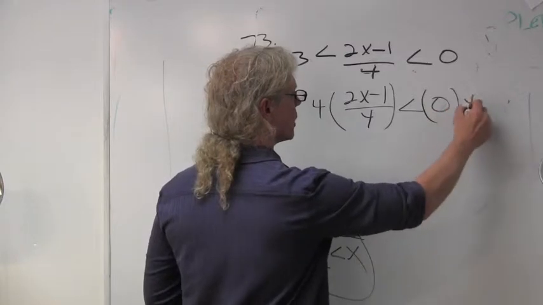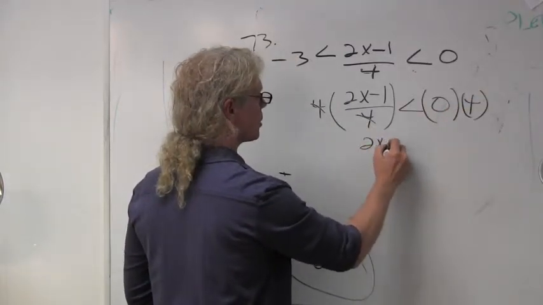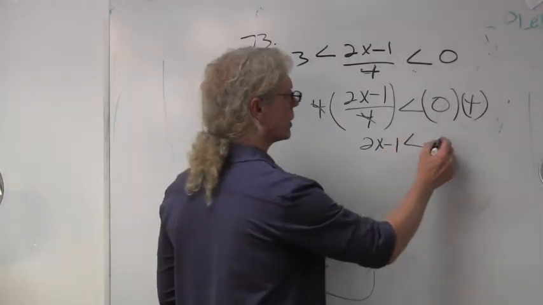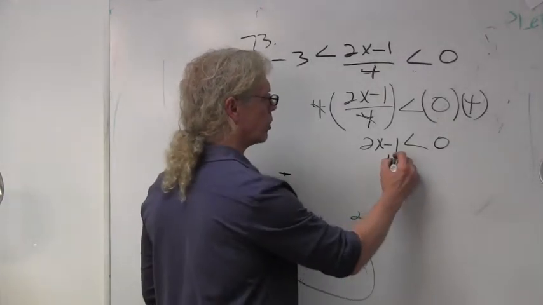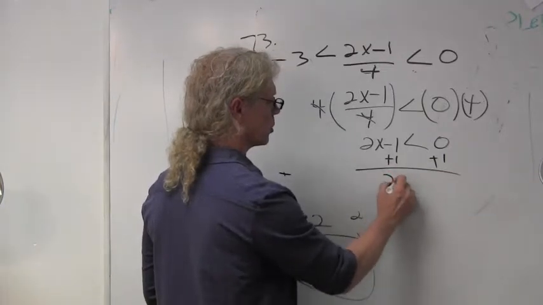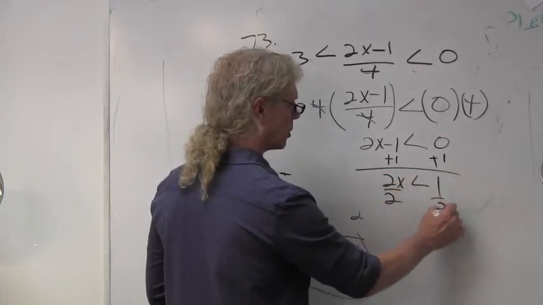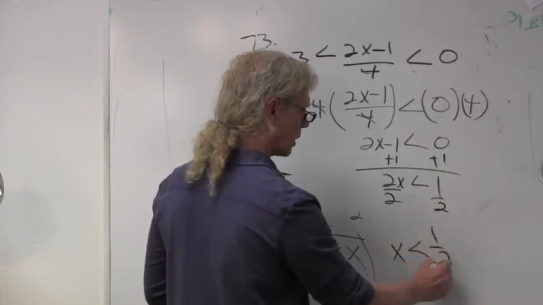That ought to be a tough one, huh? 4's cancel, leaving us with 2x minus 1. 0 times 4, please tell me that you know it is 0. We will add 1 to both sides of the equation, leaving us with 2x is less than 1, dividing both sides by 2, leaving us with x is less than 1/2.